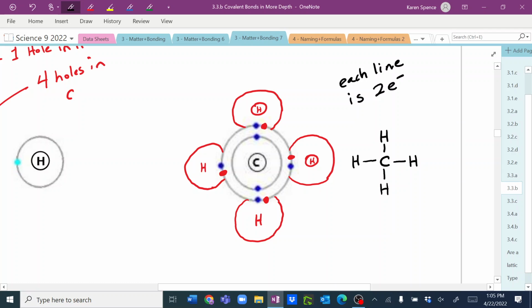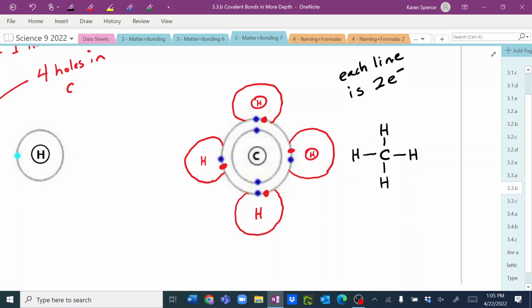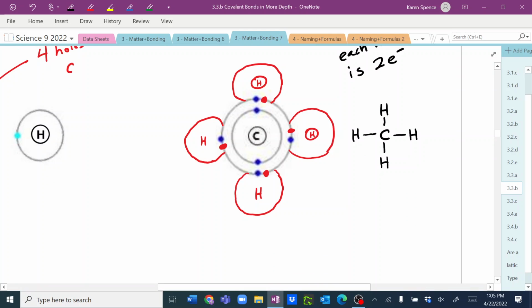Okay, and if we were to write the formula for that, how would we write the formula for that compound? We would write C, and then what? H4. Yep, CH4. And if you are interested in doing the black diamond kind of stuff, the name of that compound is methane.